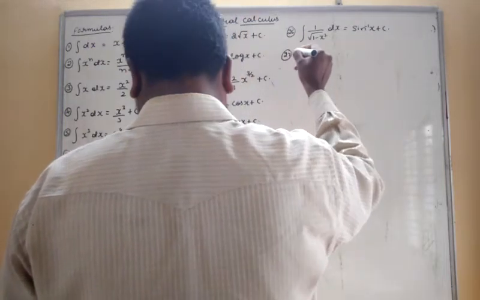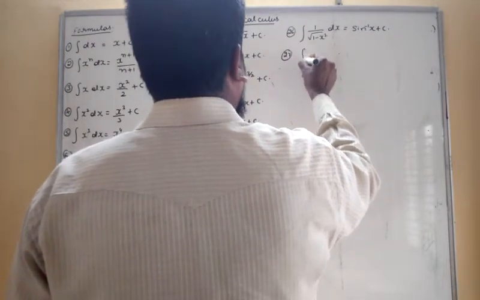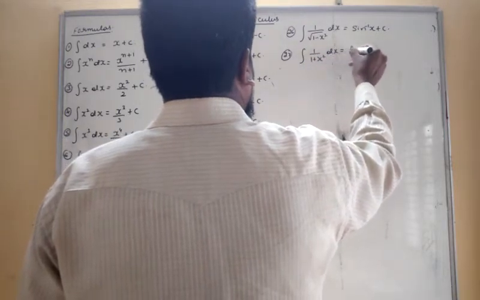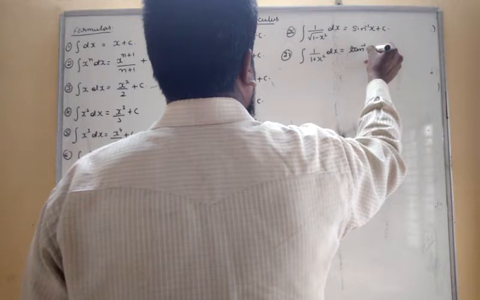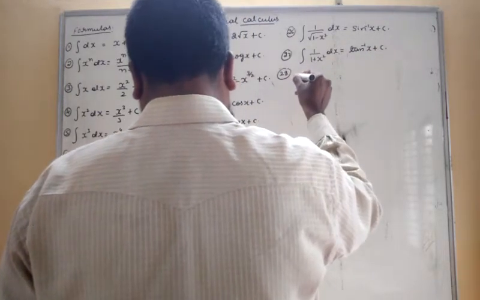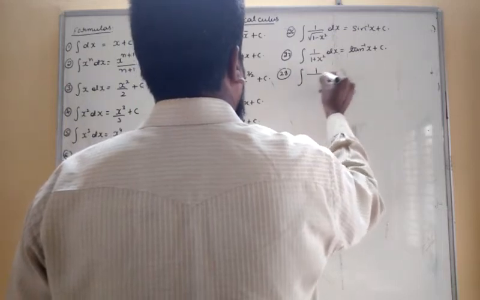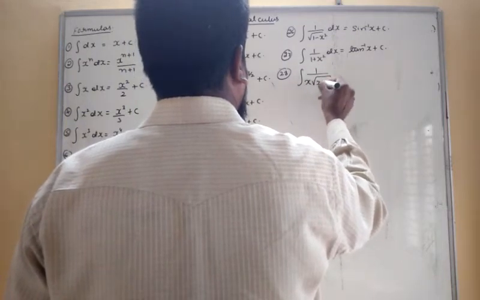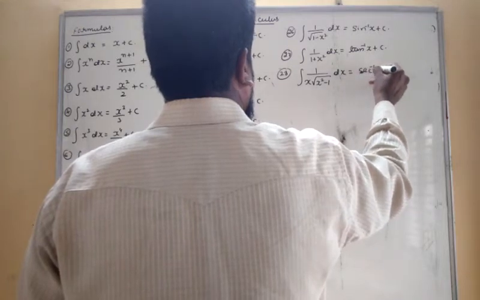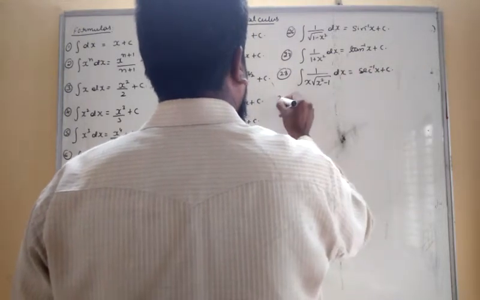Integration of 1 by 1 plus x square is tan inverse x plus c. Integration of 1 by x into square root of x square minus 1 dx is equal to secant inverse x plus c.